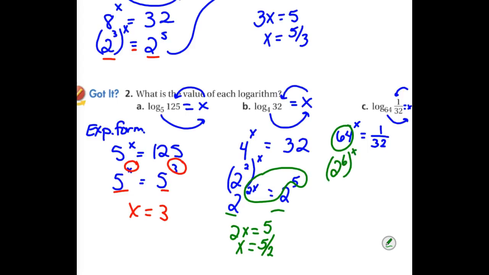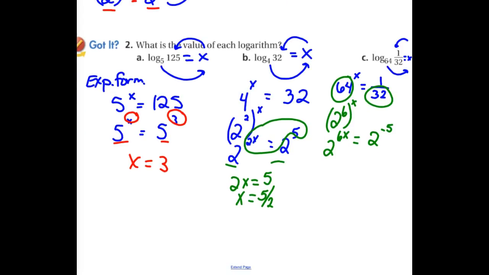We're raising that to the x power, so we have 2 to the 6x. Now, 32, we've already talked about that one. 32 is 2 to the 5th, but because it's in the denominator, we're going to have to flip that up and make that 2 to the -5. Okay? So now we have the statement that 6x has to equal -5. So x is going to be -5/6.